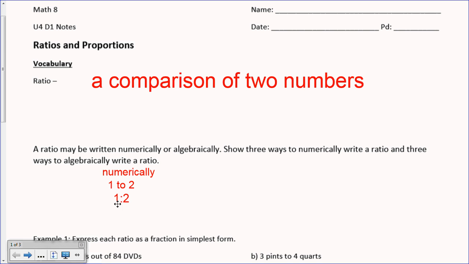Or we can use the colon, 1:2, and that also means 1 to 2, it's a ratio. And finally is our fraction. So just 1 over 2. You always want to write whatever's written first in the numerator on the top, okay? And then algebraically is the exact same thing, except we use letters. So I can say A to B, A colon B, which still means a ratio, and A over B, okay?